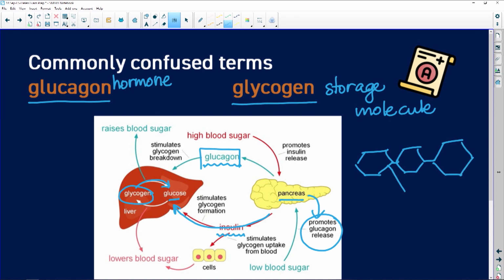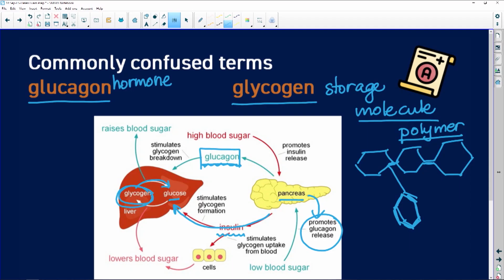And sometimes there are branches with our glycogen. But it is a polymer. Do you remember what a polymer is? We take many monomers or building blocks and we bond them together to make a polymer. So our glycogen is the storage molecule here in the liver.